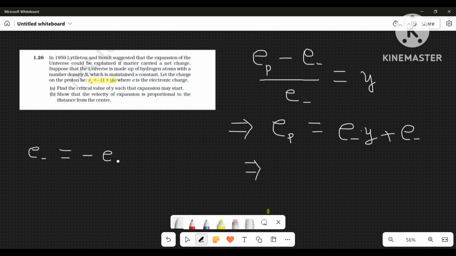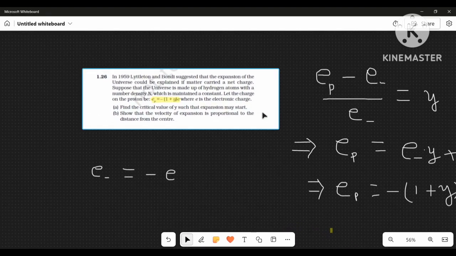If we substitute this here, we will get the expression of the charge on a proton in the universe of Littleton and Bondi. So you get this expression, and that basically justifies where the expression in yellow comes from.